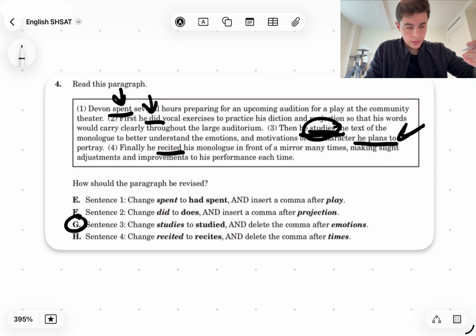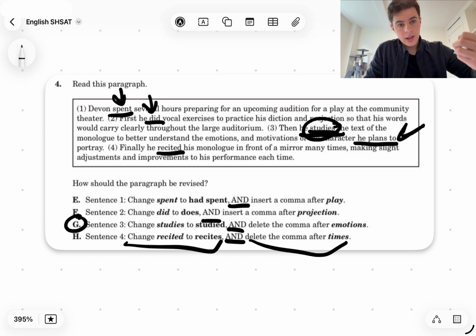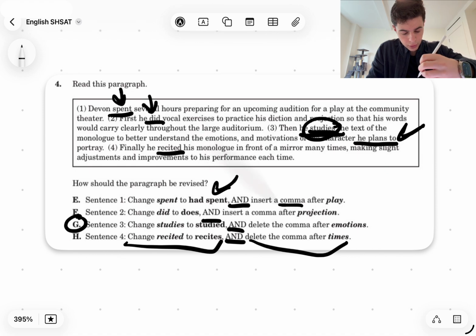But I just want to quickly draw attention to how these questions are formatted. You see here that the answer choices have and under both of them. The reason they do this is that there are basically two changes that you make in each sentence, which gives you two different things that you're checking. You're checking your tense agreement and you're looking at your comma placement.